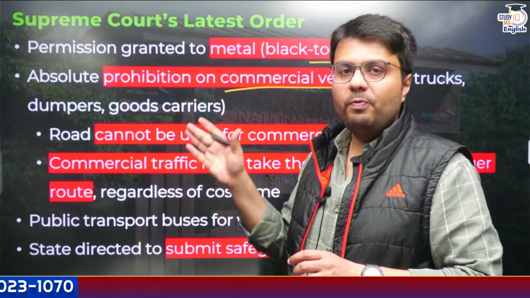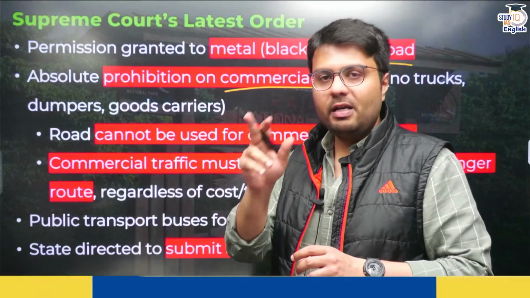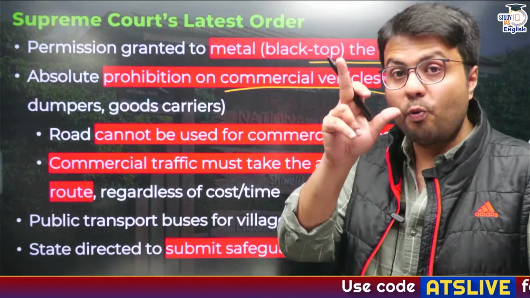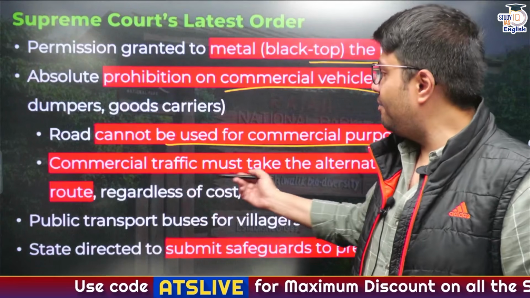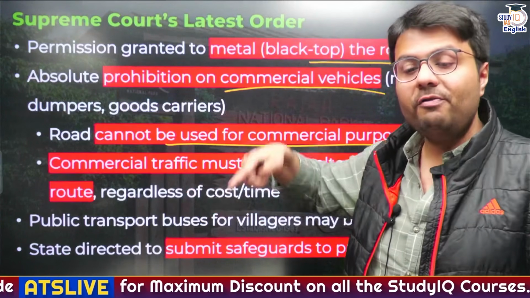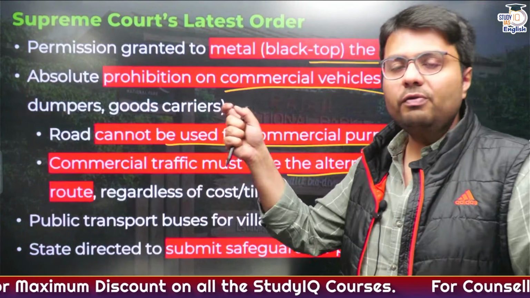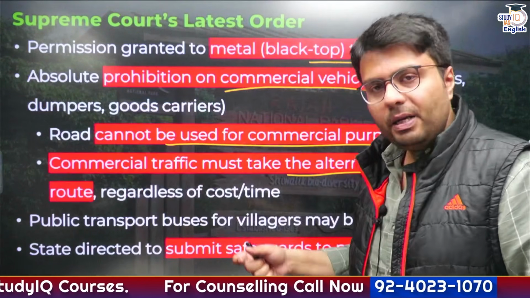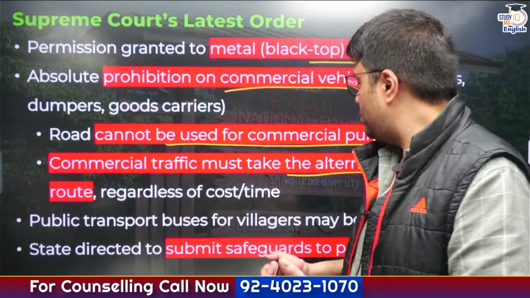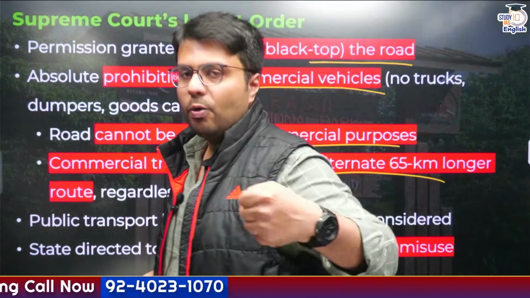So the road which will be constructed through this national park, that is the 4.7-kilometer long stretch, cannot be used for commercial purposes, and commercial traffic must take an alternative 65-kilometer route regardless of the cost incurred and regardless of the time taken. Public transport buses can ply through this road if the locals want it.